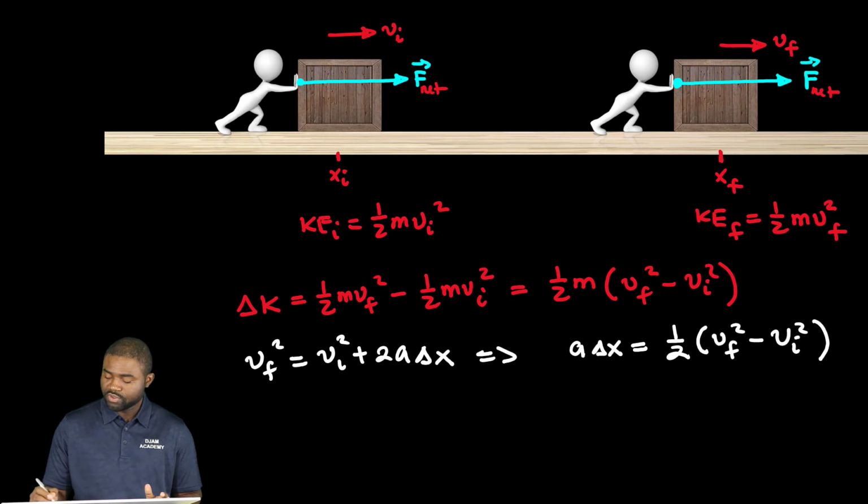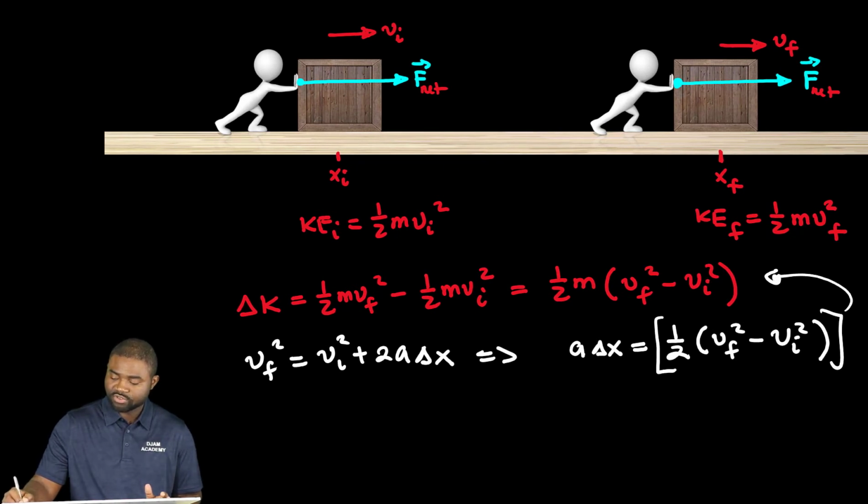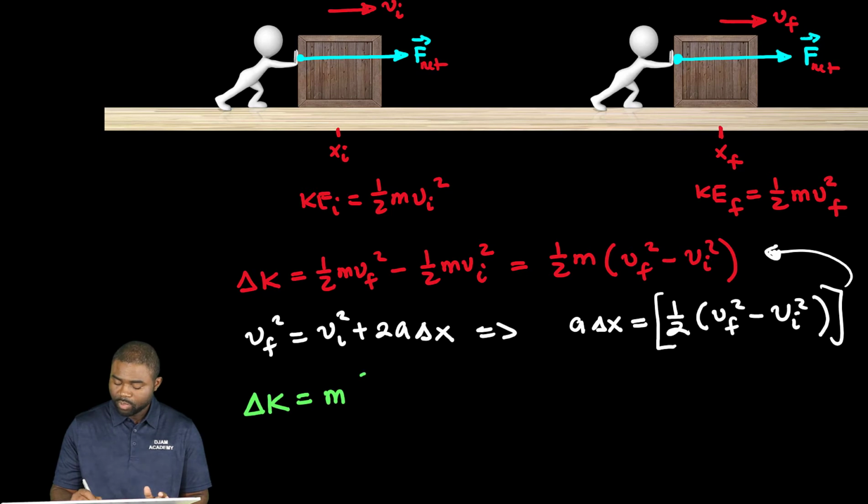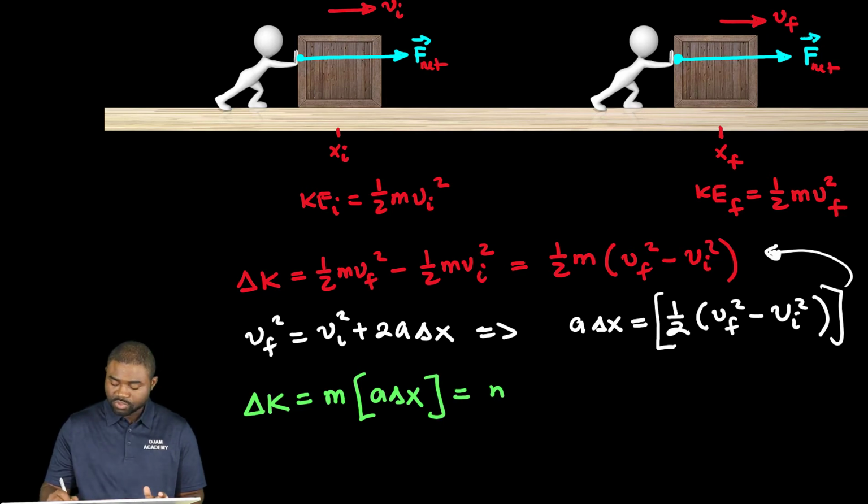Now, what do you notice? We can essentially substitute this back into that expression. If we do that, you will notice immediately that the change in the kinetic energy is equal to m multiplied by a delta x. This is equal to ma multiplied by delta x.